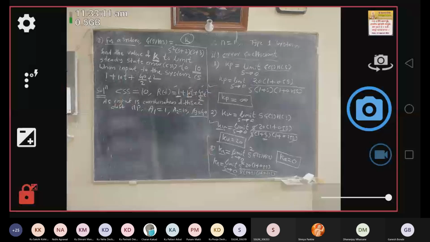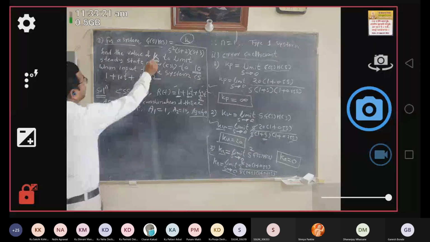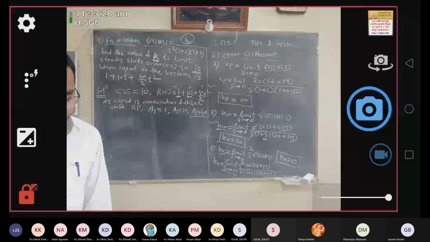So here the combination of these three signals are applied to the given system. Okay, so these are the inputs, and for this input we have to find the value of k, so that we have to limit the steady state error to 10 only.